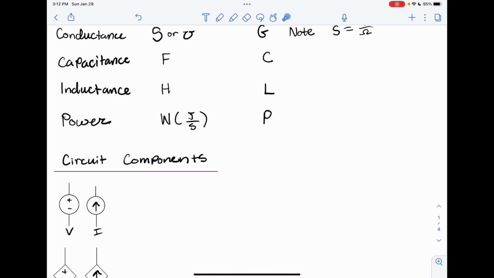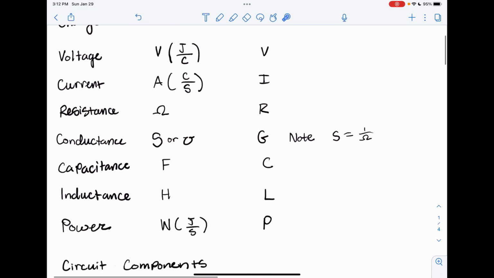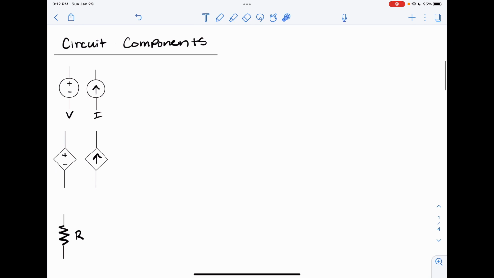All right. So now that we've covered some basic terms, let's go over some circuit components that are related to these. We'll try and go through these pretty quickly so that we can start talking about some actual circuit concepts. These circles that have two legs on them are two terminal devices, and they are called independent sources.